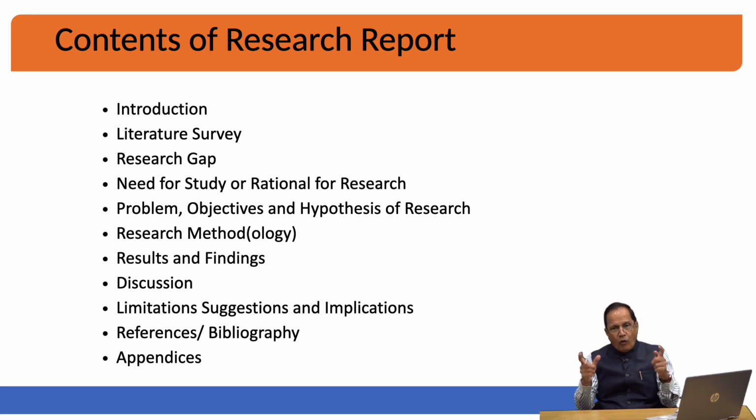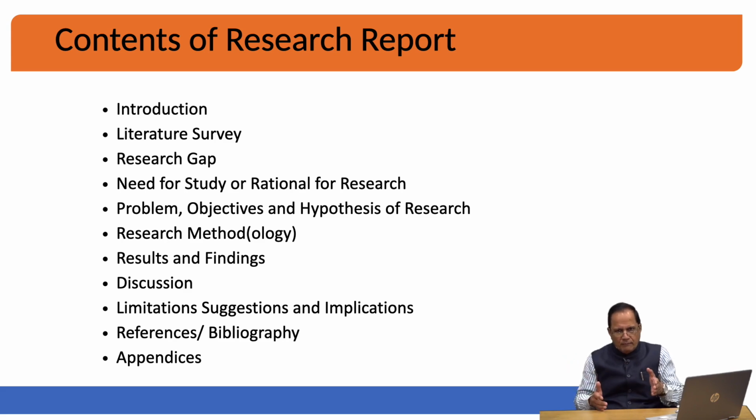Out of all the relevant research, the most relevant 5 to 7 will be selected, and then either in tabular form or in the form of a paragraph, you will describe the present status of the research.